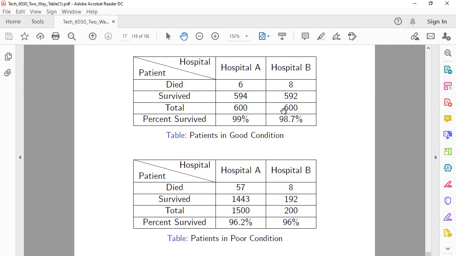Similarly, 592 over 600, that's 98.7%. And we did the same thing in the second table. So once we separate the patients into two groups, now we see that hospital A's survival rate is a little bit better than hospital B's survival rate.